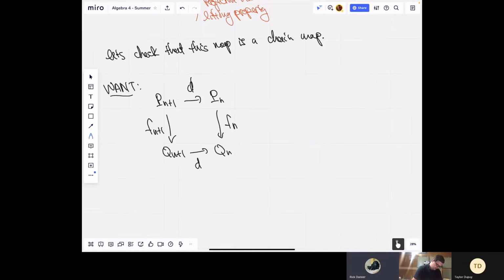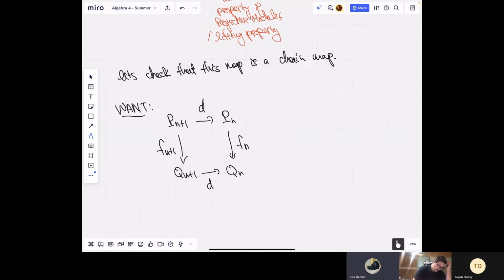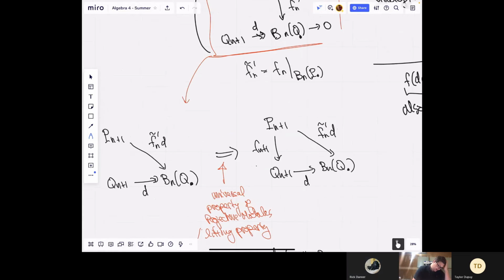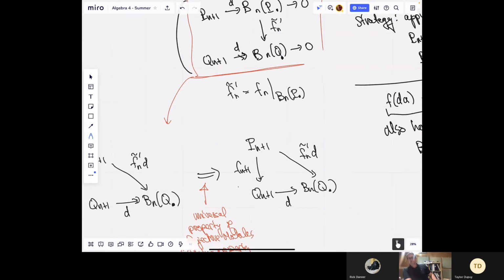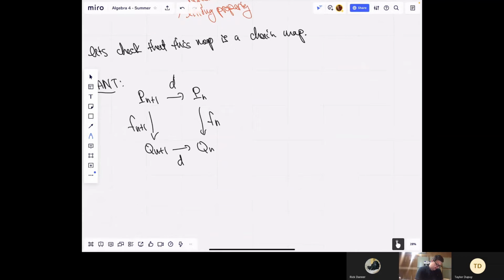Since the Bn are subsets of the Pn, doesn't that just automatically become that? Yes, exactly, that's exactly what happens. You just don't have to write the restriction anymore for the F.